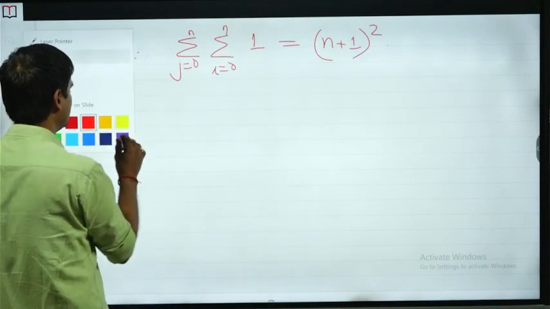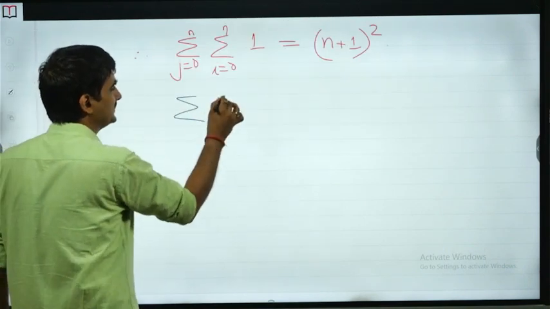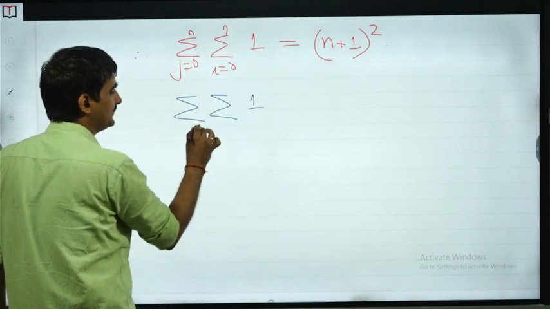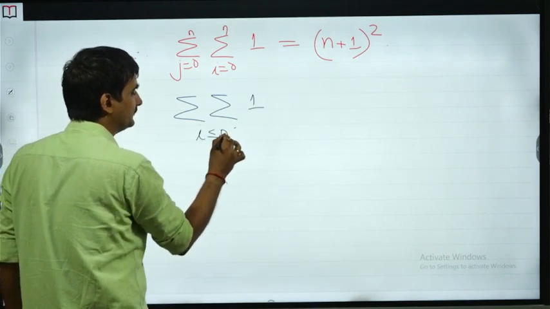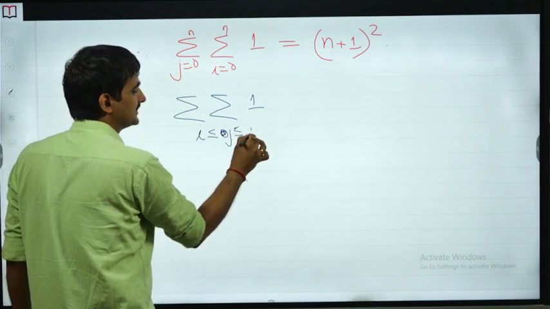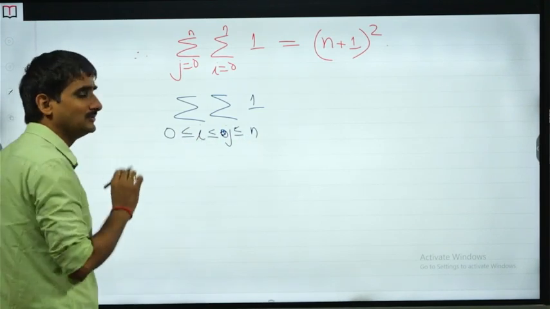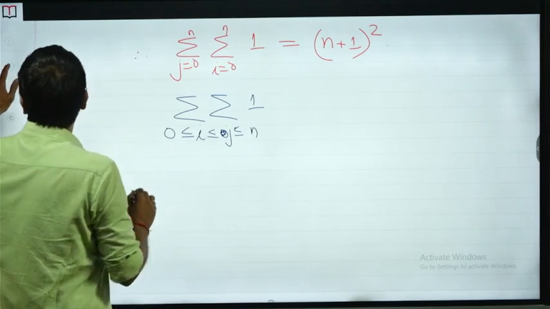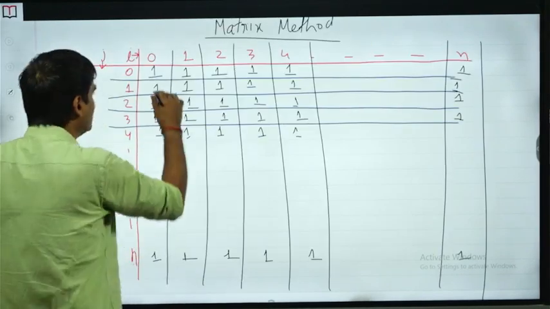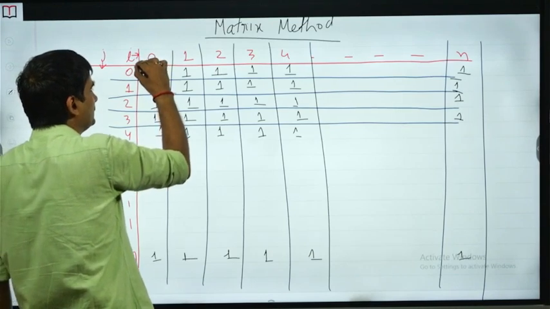So the question for us is the double summation of 1 when i is less than or equal to j, which is less than or equal to n, with i greater than or equal to 0 on the other side. Okay, now look at this matrix. Of course it's a square matrix.